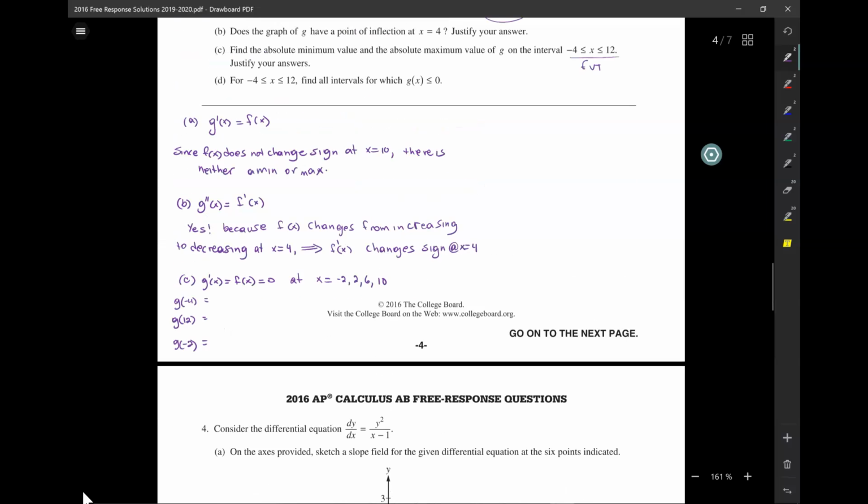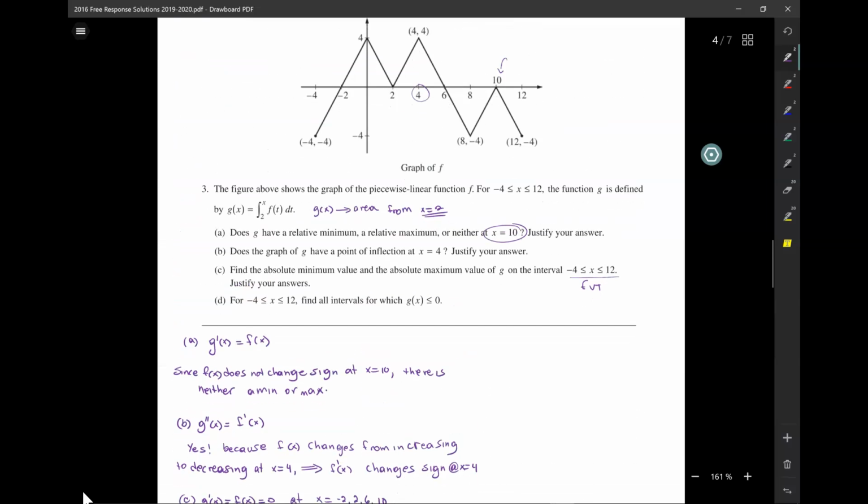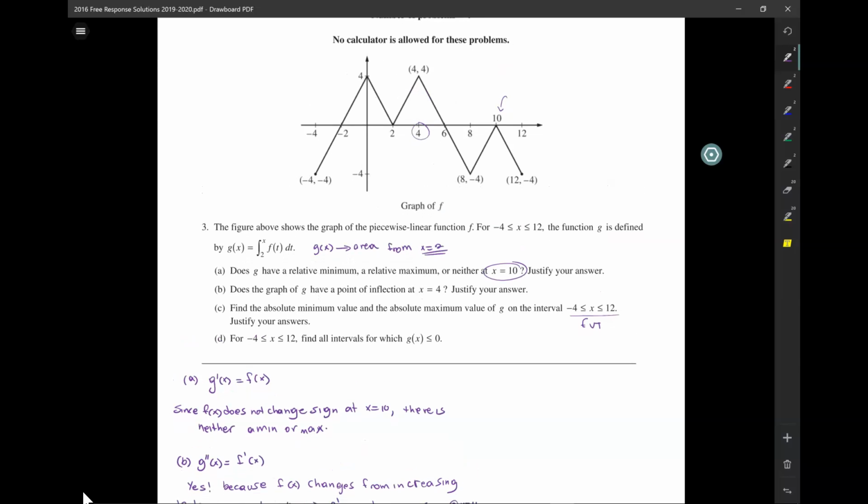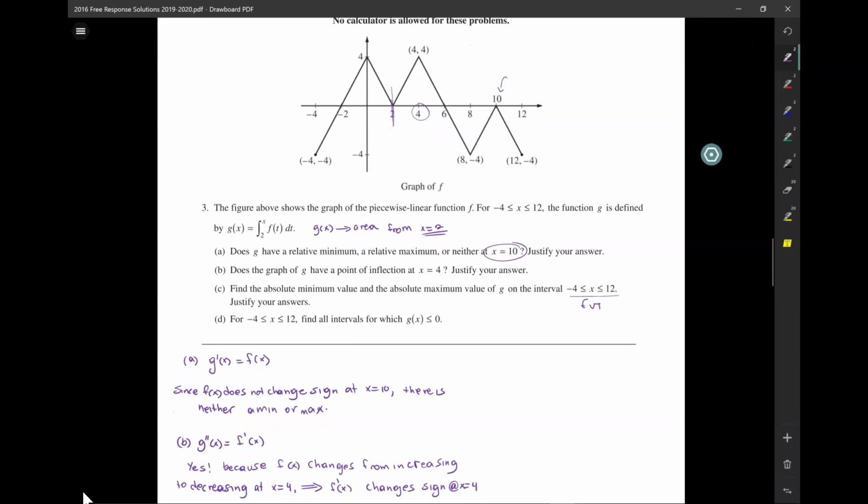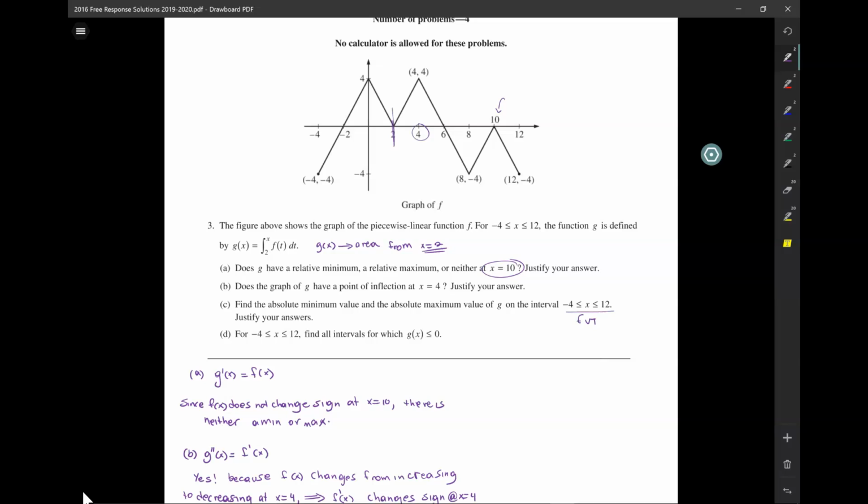So, what's g of negative 4? The area is defined starting at 2. Okay? G of negative 4 is the area from 2 going across to the left. So basically I want all of this area.